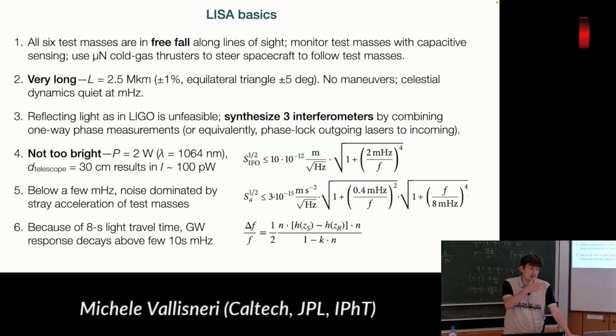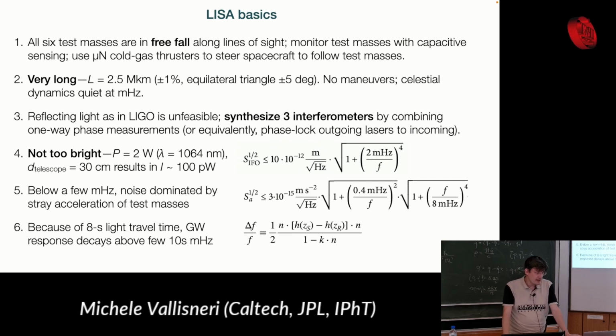But that means you have the noise of that measurement. So it's useful to think of LISA as this one-way measurement that you combine to realize an interferometer. You still need the interferometry as you did in LIGO because you want to cancel out the noise from the laser itself, its own fluctuations that otherwise would look like gravitational waves.